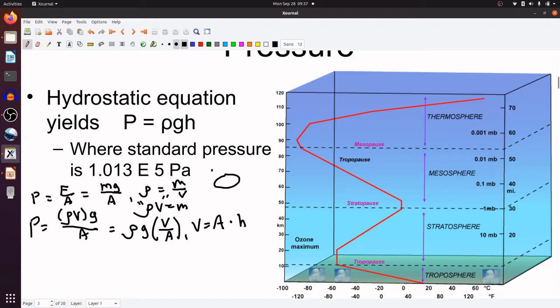But if you want to get the volume, you would then multiply it by the height. This is a terrible cylinder, I'm fully aware, but that's how you get the actual volume of the cylinder. And so if we know that volume is area times height, then I get P equals rho g, and then this will be A times h over A. We get rho g h.